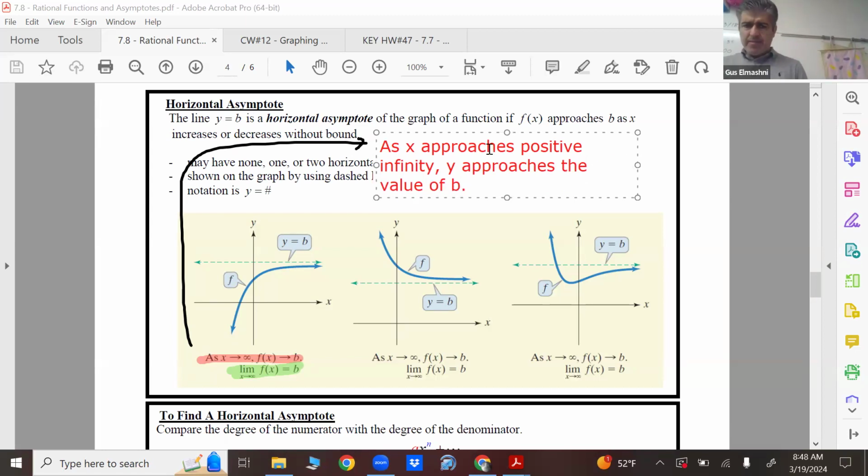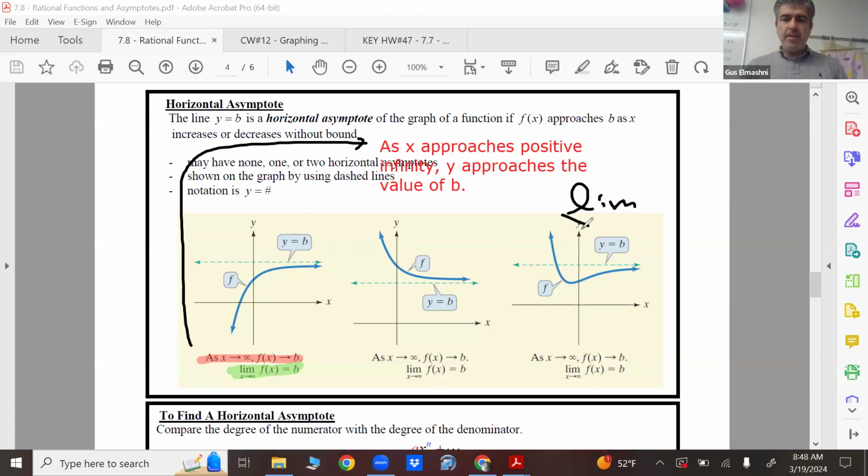Yeah, it's a lot of words, right? Just condense and write it in limit notation, or as x does this, f of x does this. And you do it for negative infinity as well, just so you know. You can also do this: the limit as x approaches negative infinity of f of x equals something. You could do that as well.